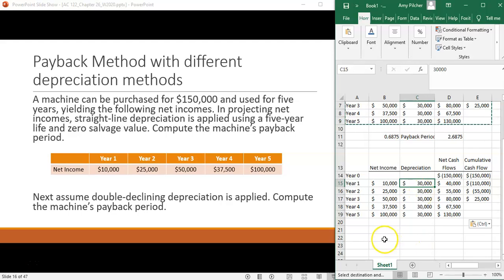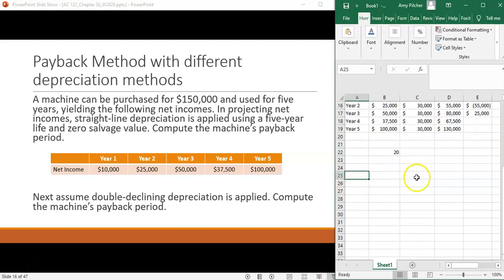So when we take double declining, we take 100% divided by 5, and that equals 20%. We take 20% times 2 to get the double declining depreciation, and our depreciation each year is 40% of the book value. So we need to know our beginning book value in order to calculate our depreciation.